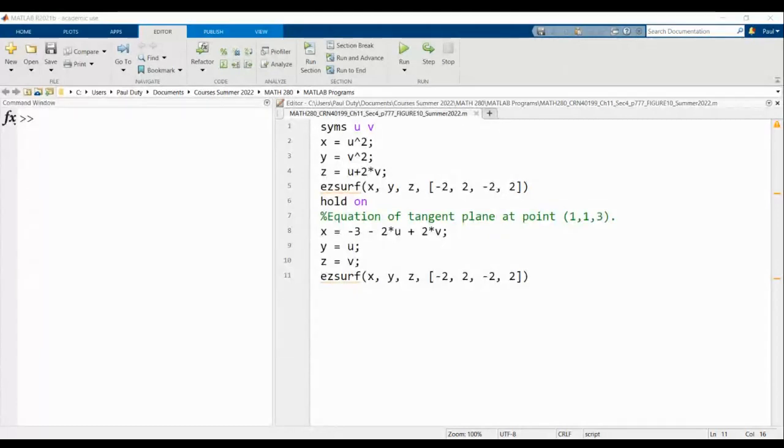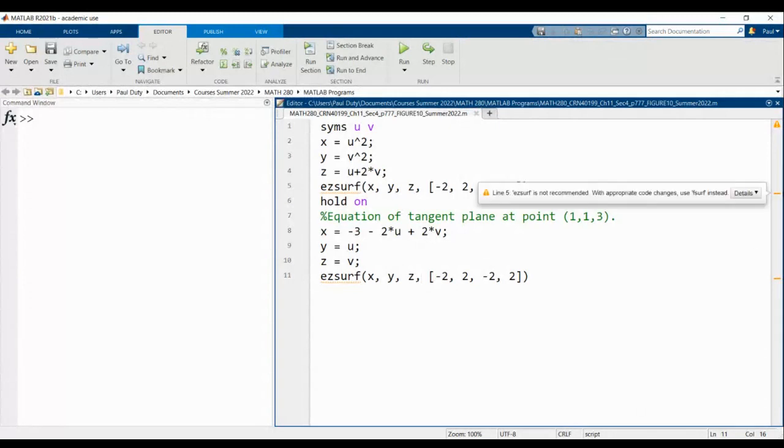And I'm going to copy and paste the code. Okay, I'm going to copy. So I see on the right, there are warning signs, but it's not red, so it's not like the program won't run. And I see there are more modern commands in MATLAB than easy surf, but look, it works.